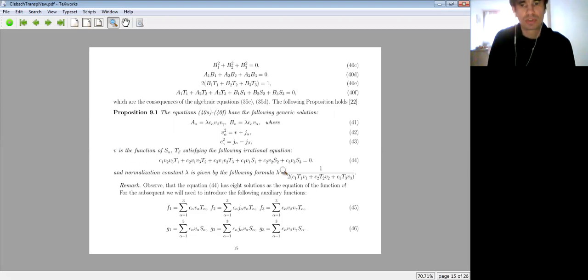Another important fact is that this equation 44, viewed as an equation for the function V, is a rational equation, which after rationalization produces an equation of the 8th order in the function V. That is, we have 8 possible solutions for the function V in terms of the functions S and T, and of course we cannot solve the equation of 8th order explicitly.